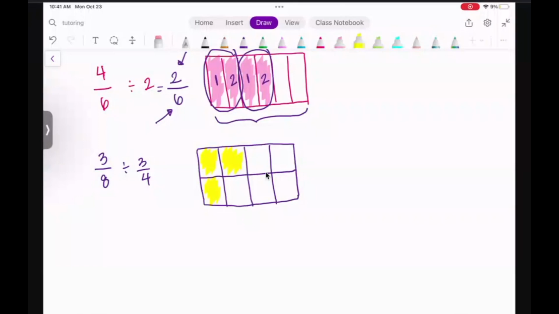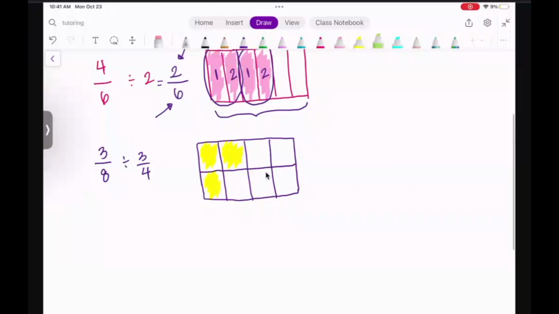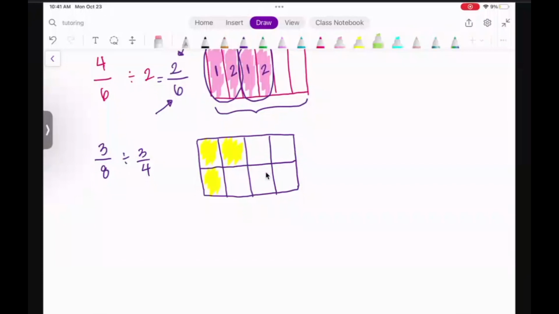I'm going to show you what 3/4 looks like in a different color. 3/4 of the brownie pan, if you look this way, here's 1/4, here's 2/4, and here's 3/4. And you're thinking, okay, but I don't even have enough for a whole set. That's right. You don't have enough for a whole set.